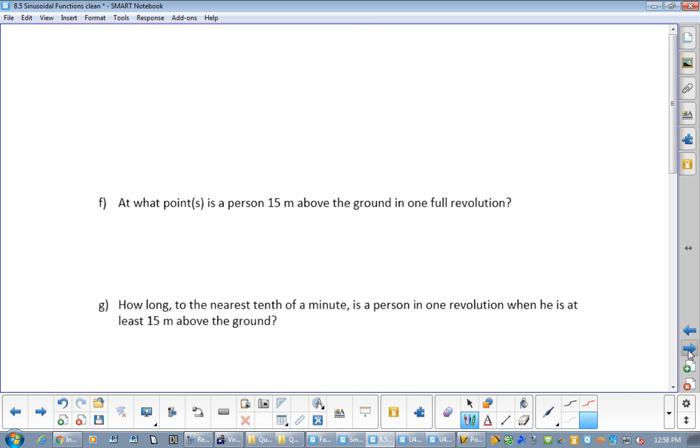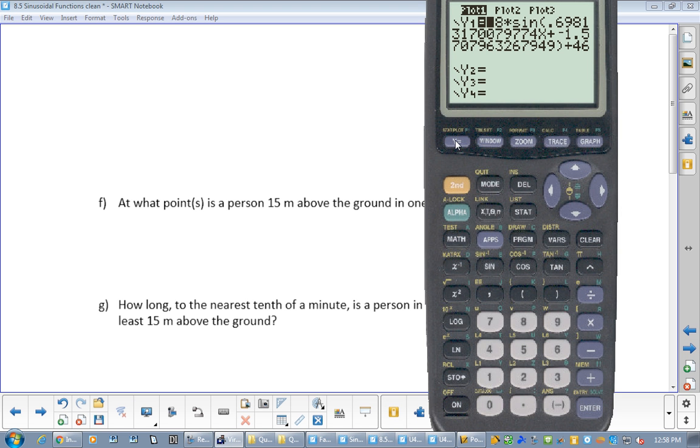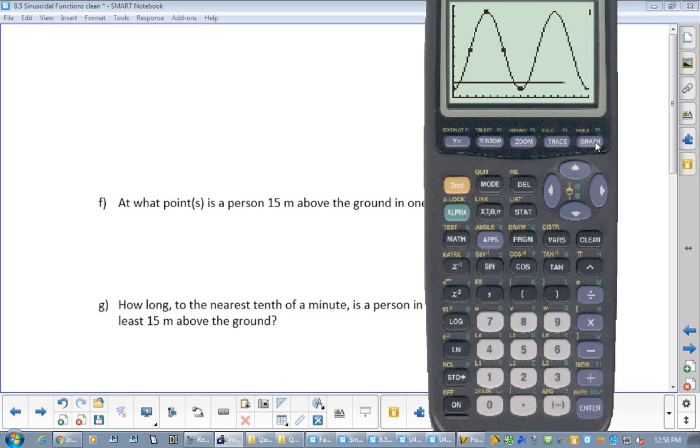Next. At what point is a person 15 meters above the ground? So y2 is 15. Always be careful and make sure you're giving them what they ask. At what point, in brackets, is a person 15 in one full revolution? So we want here and here, the 2 times.